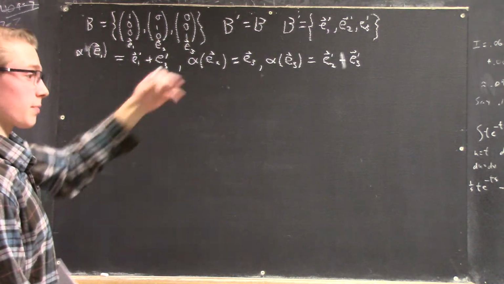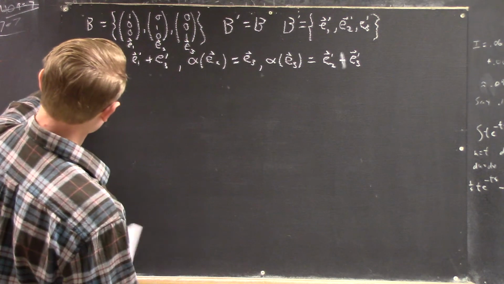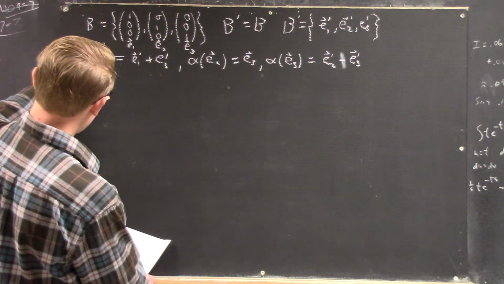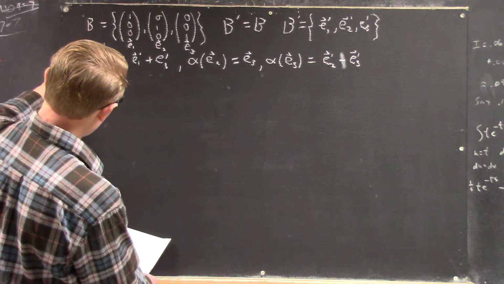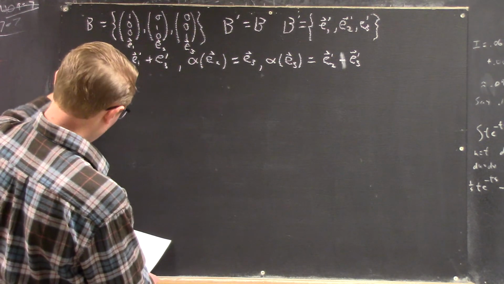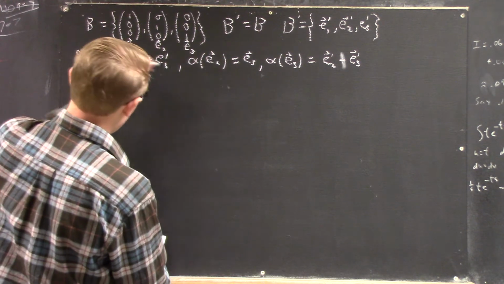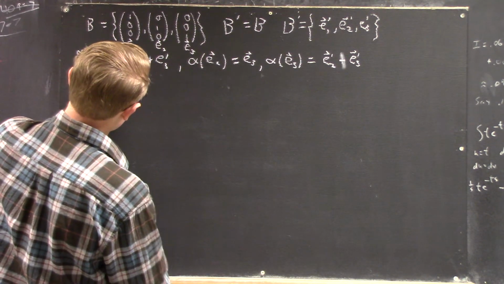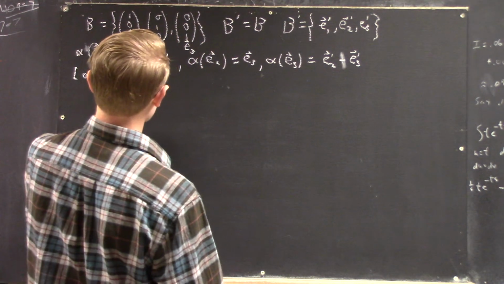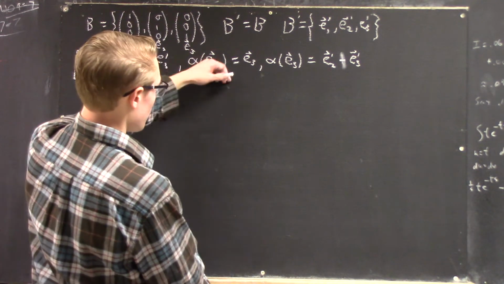Now by taking this information, what we've gotten by transforming each vector of the standard basis over to the vector space, of course it's still the same vector space, we represent that by the matrix of the pullback of alpha with respect to the B prime basis and B, in which the columns of A will be these entries.